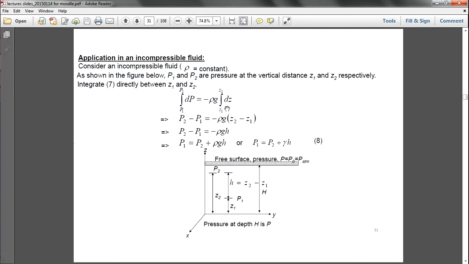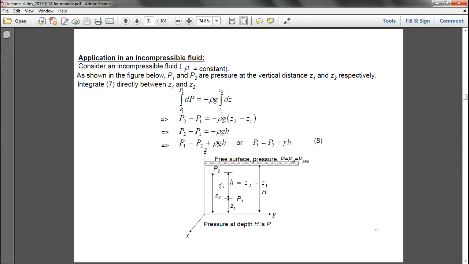The change in height will cause a change in the pressure, because the density and the gravity are assumed constant in an incompressible fluid. Therefore, we take an integration from z1 to z2, where z1 is this depth and z2 is this one.